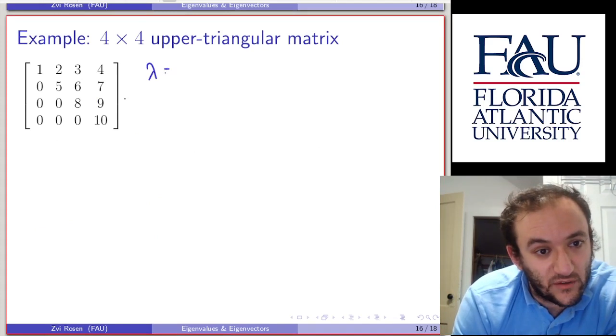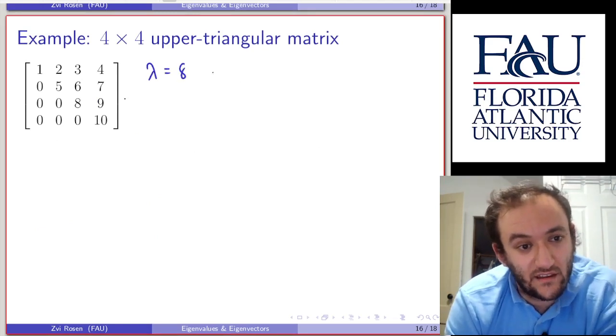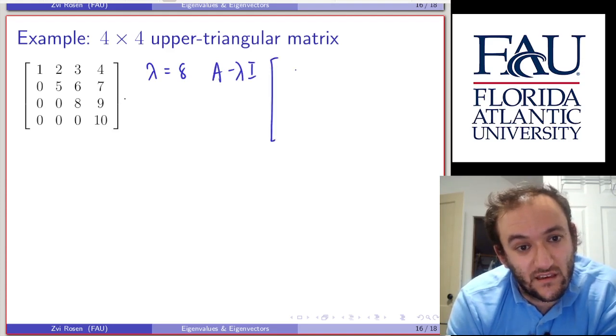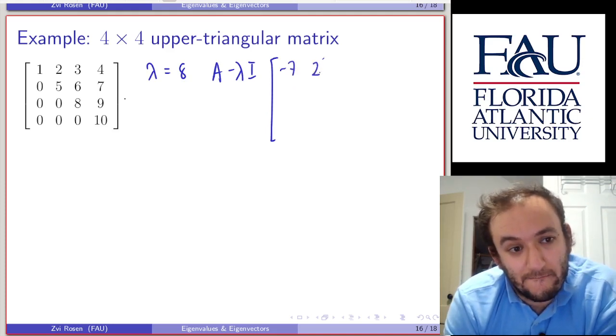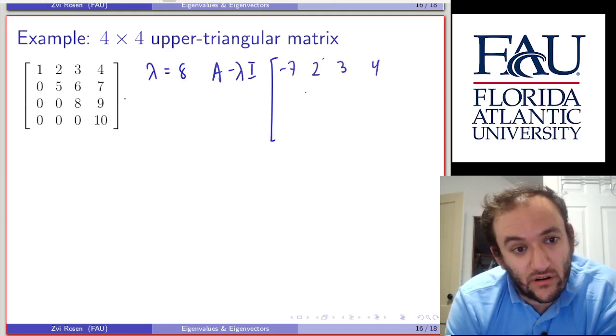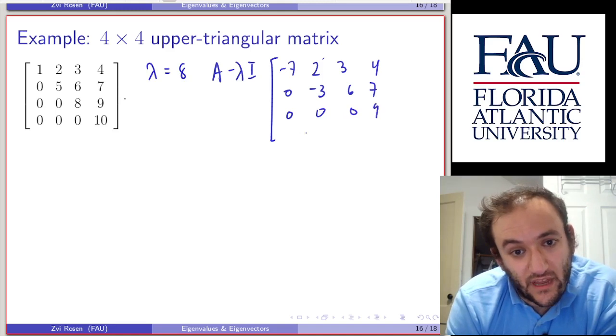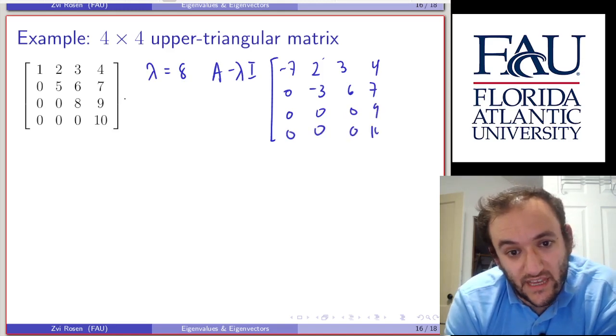Let's do lambda equals 8. We get A minus lambda I is, sorry, it should be minus 7, 2, 3, 4, 0, minus 3, 6, 7, 0, 0, 0, 9, 0, 0, 0, 10.